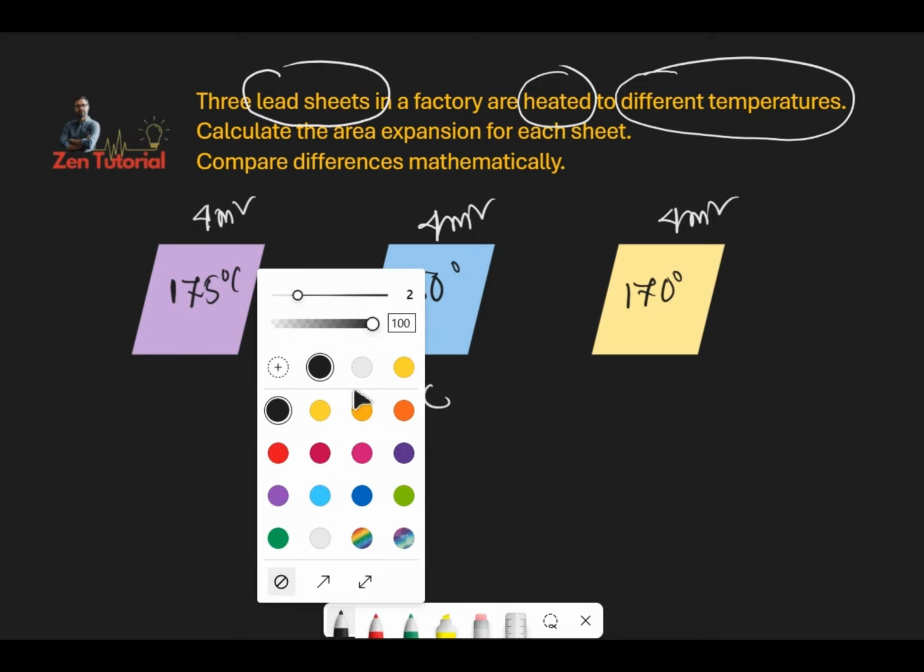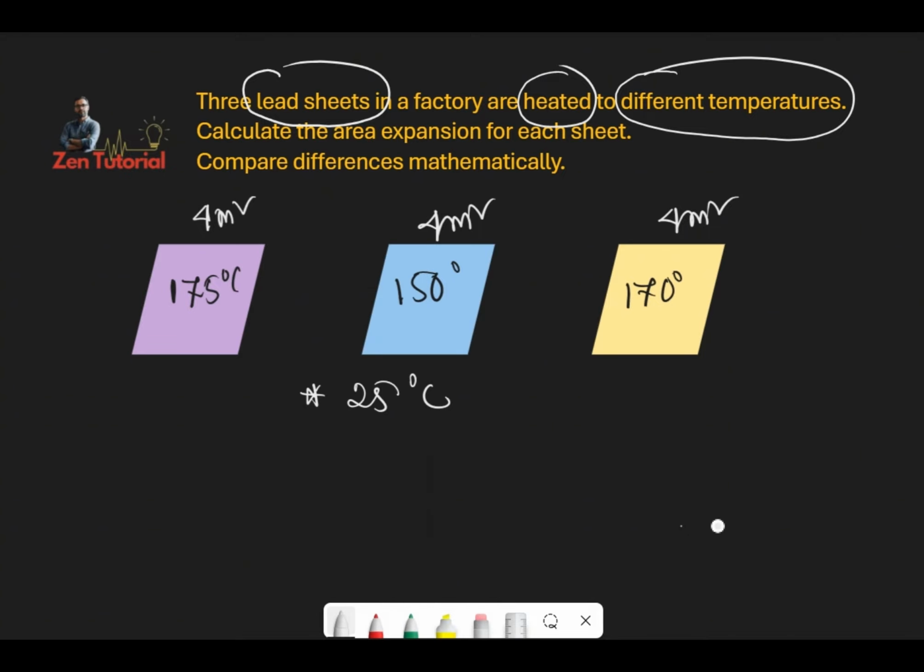Now, what we have to do: as these are lead sheets, the linear expansion coefficient alpha is equal to 29 times 10 to the power minus 6 per Kelvin.